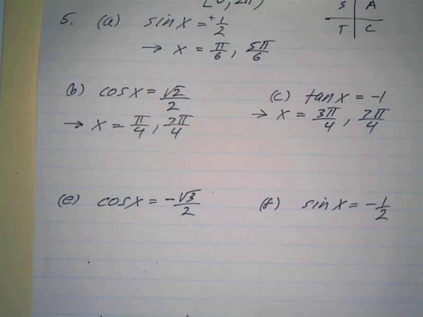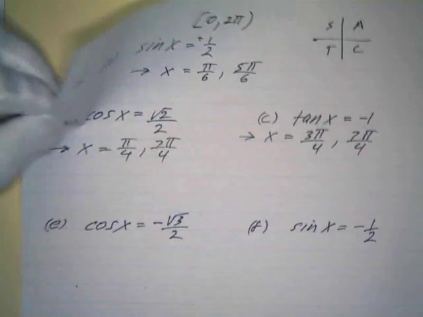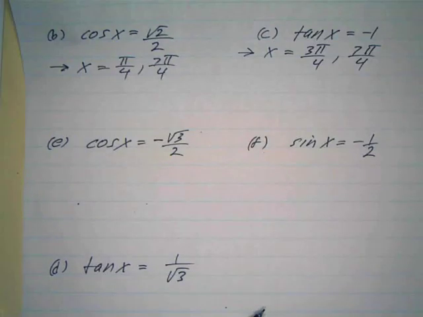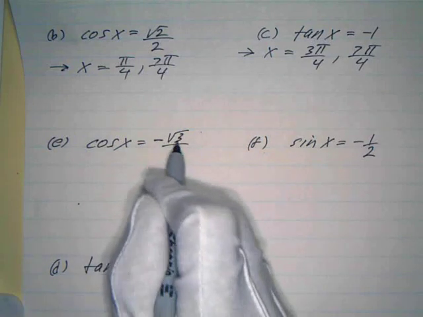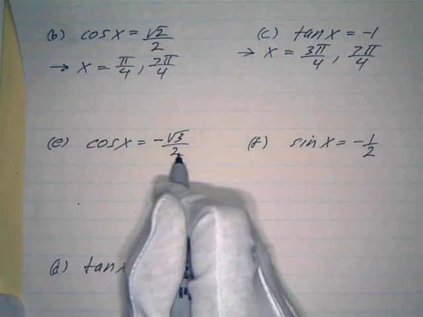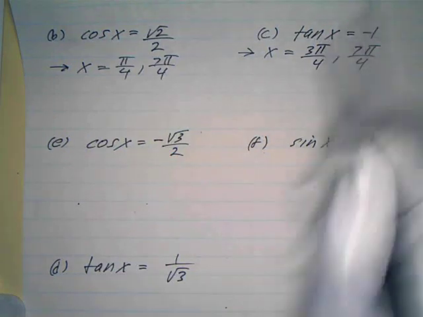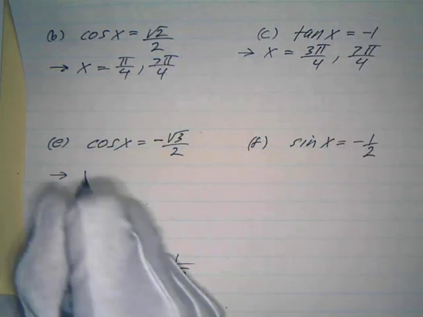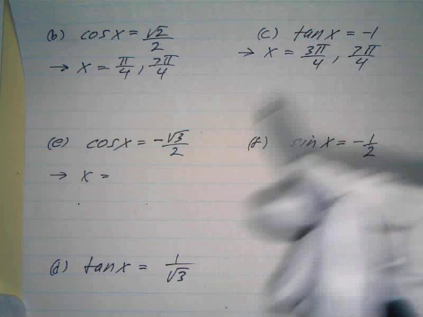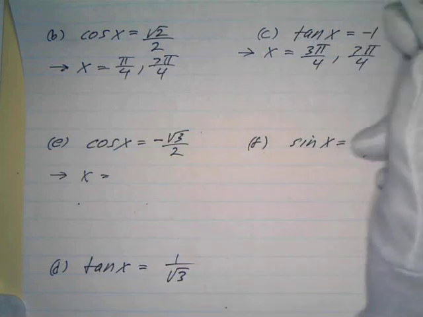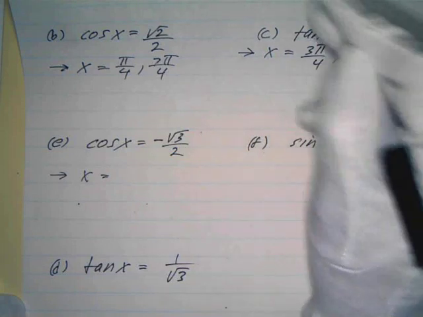Okay, and the cosine of x equals negative the square root of 3 over 2. Okay, so the cosine of x equals the square root of 3 over 2 at pi over 6. But it's going to be negative in these two quadrants. So that's going to imply that x will equal, so this would be positive pi over 6, but this would be negative here and here.